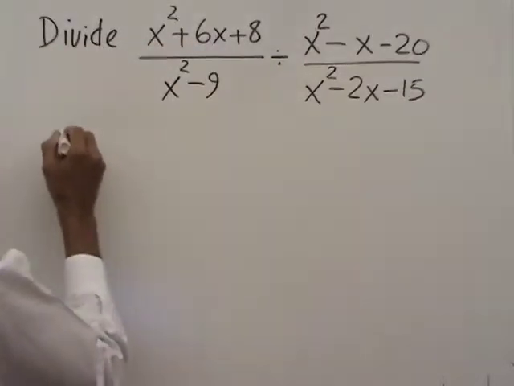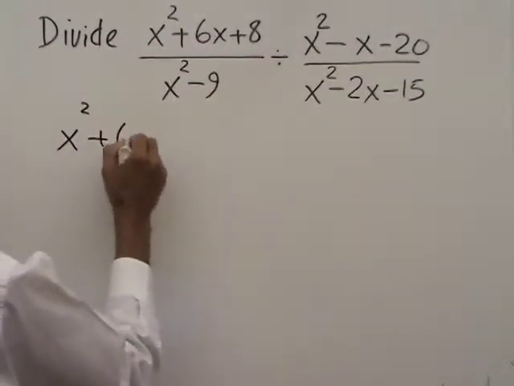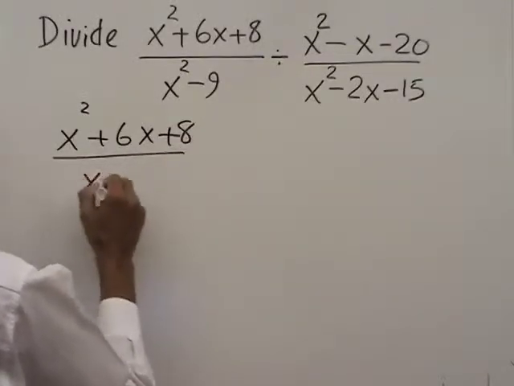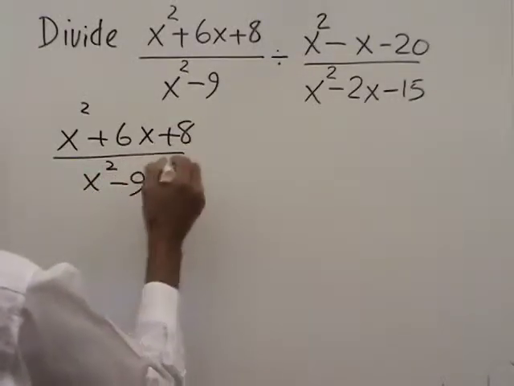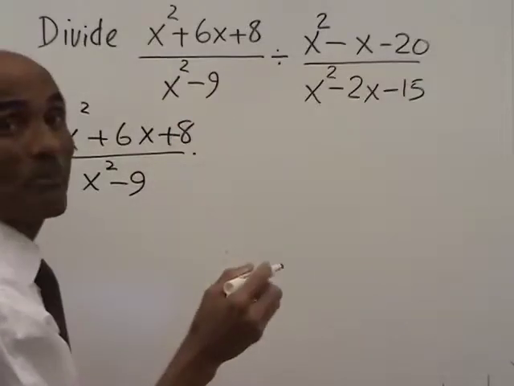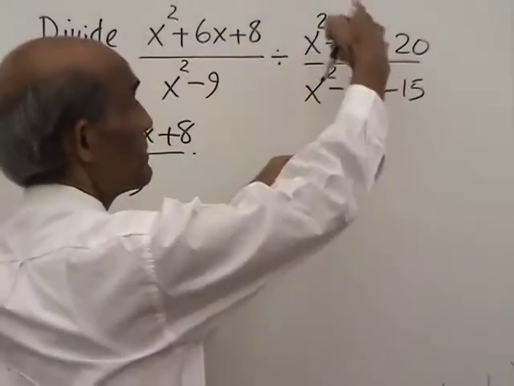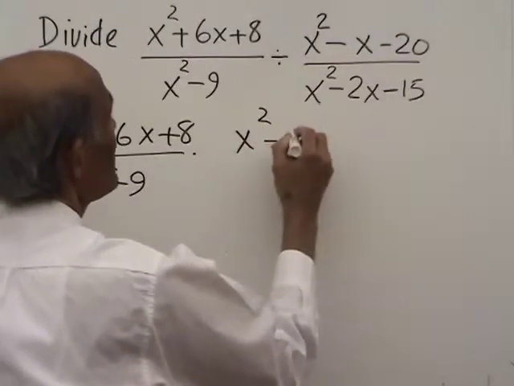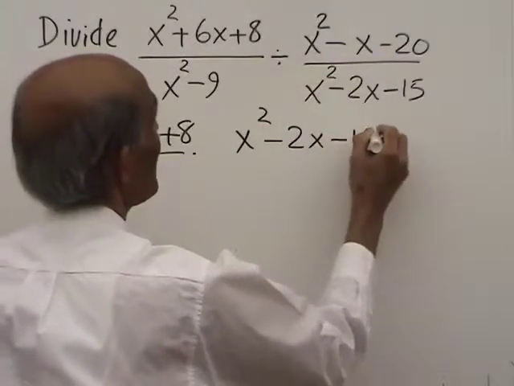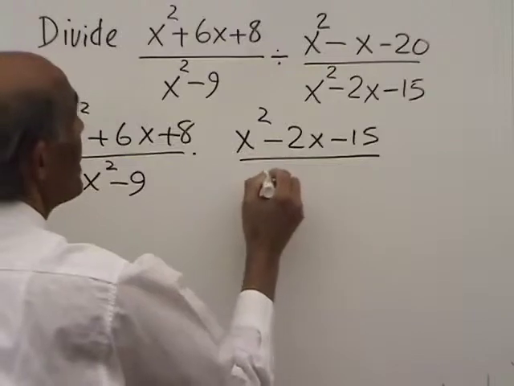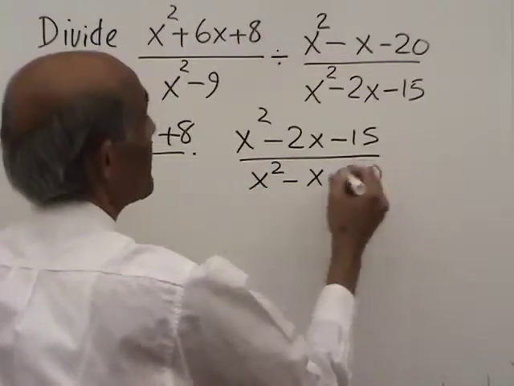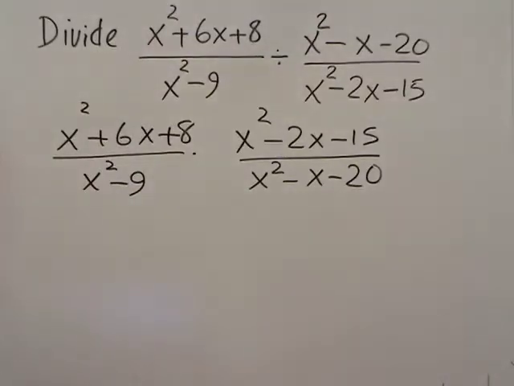It now becomes x squared plus 6x plus 8 over x squared minus 9 multiplied by, invert the divisor, this will go on top, x squared minus 2x minus 15 over x squared minus x minus 20.